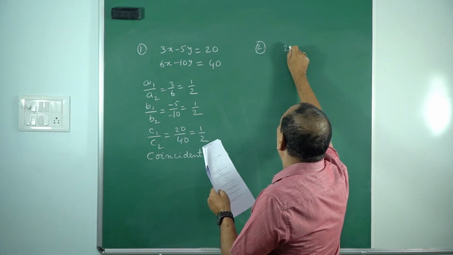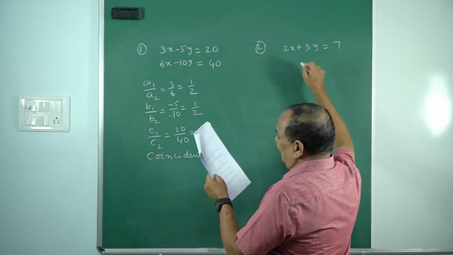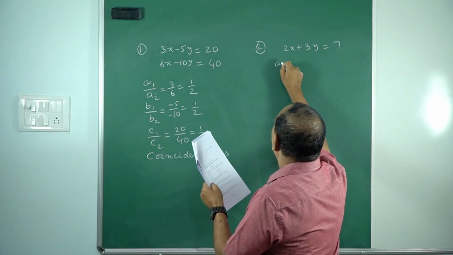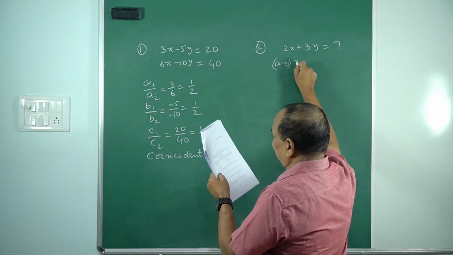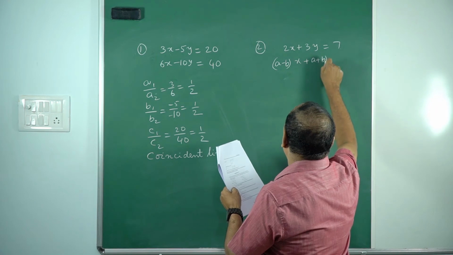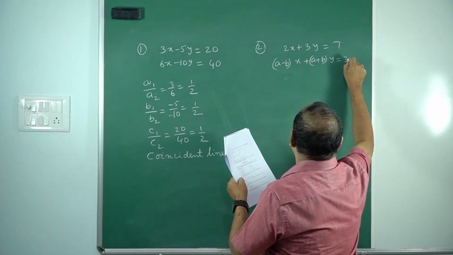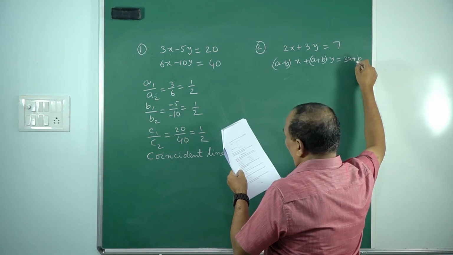He says 2x plus 3y is 7. And the second one he mentioned is (a minus b) times x plus (a plus b) times y is equal to 3a plus b minus 2.